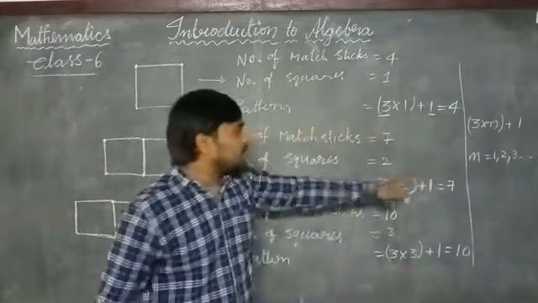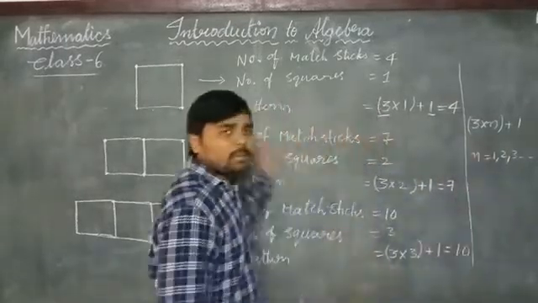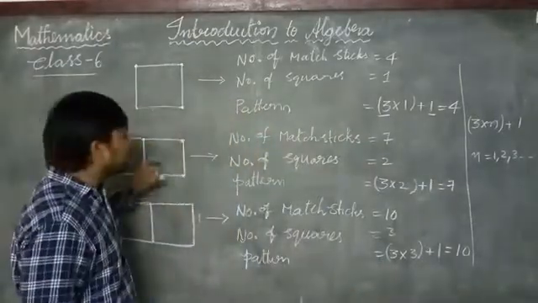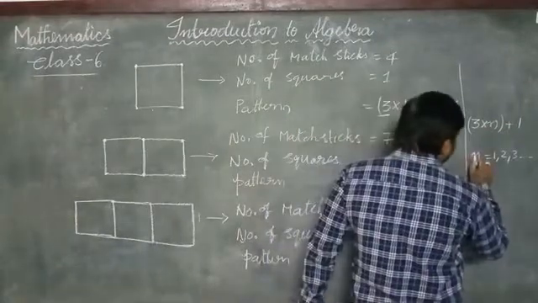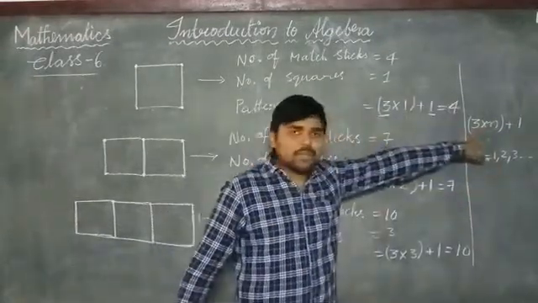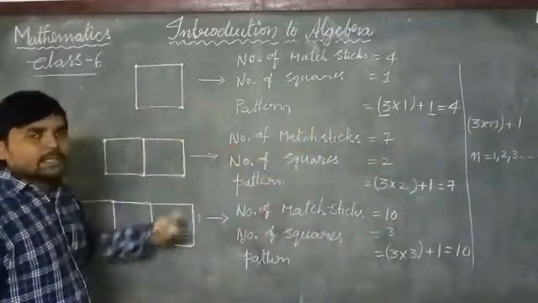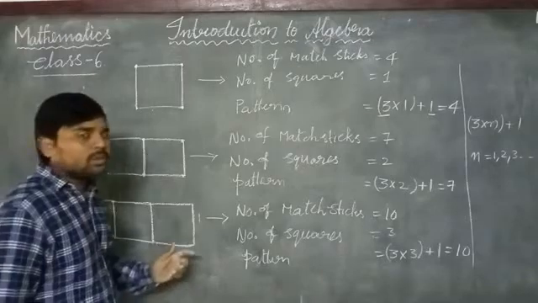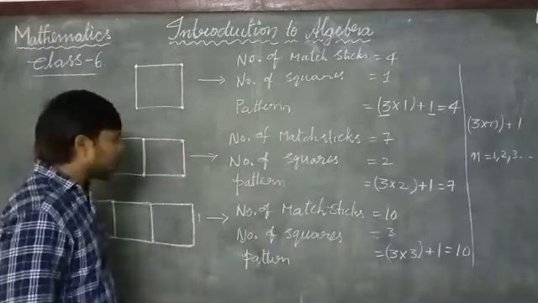Here n is representing the number of combined squares we can draw. Suppose you want to draw 10 squares, then how many matchsticks are required?